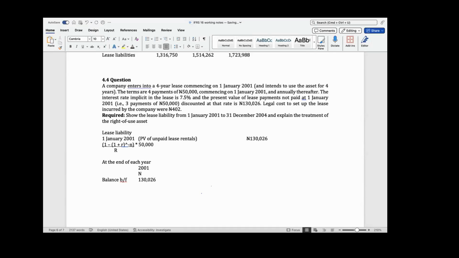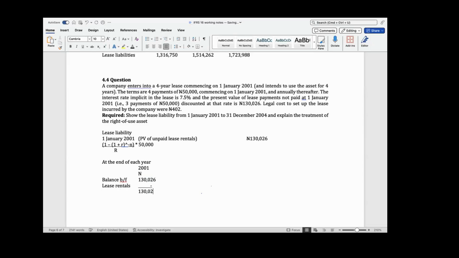Now that the rent is paid in advance, that means we'll deduct the lease rentals first. In this case, we don't have any lease rentals to deduct at the beginning because it has already been paid. It's not part of what we are owing.